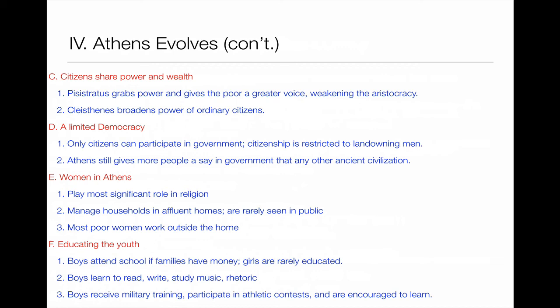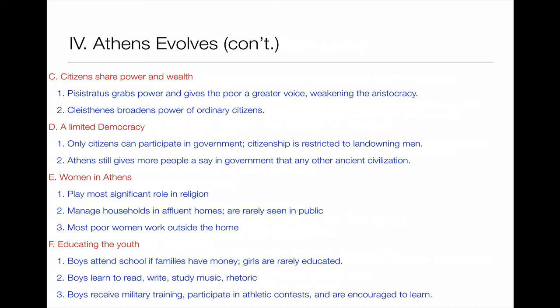Okay, so women in Athens. They're more like Spartan women in that they don't have a very large role to play within society, but at the same time, they don't have as much power as Spartan women do, in that they can't own property.